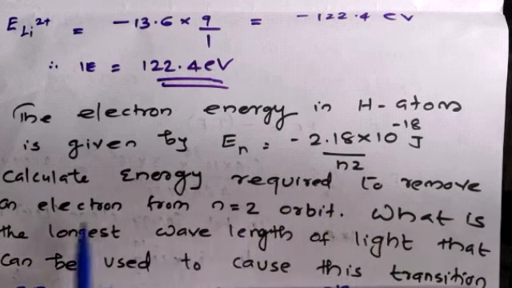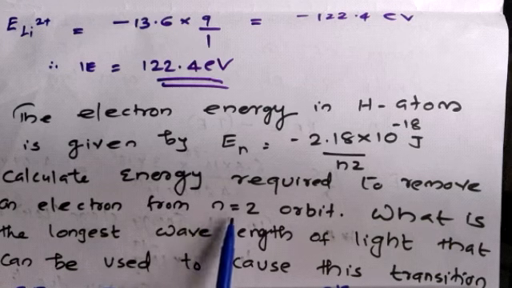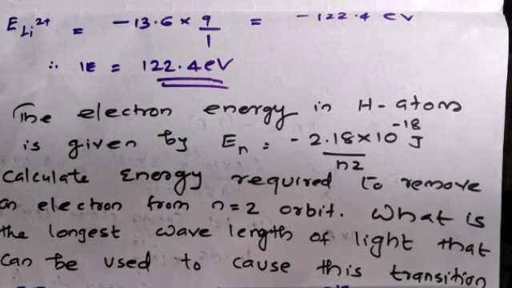Calculate the energy required to remove an electron from N is equal to 2 orbit. What is the longest wavelength of light that can be used to cause this transition?